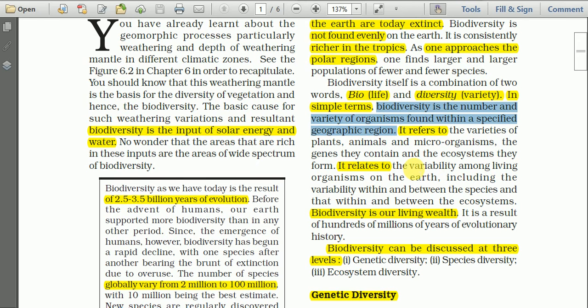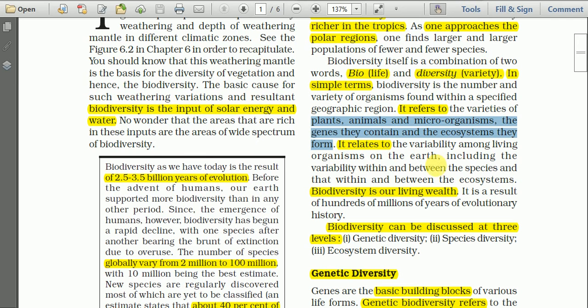It refers to the varieties of plants, animals, microorganisms, the genes they contain, and the ecosystems they form.